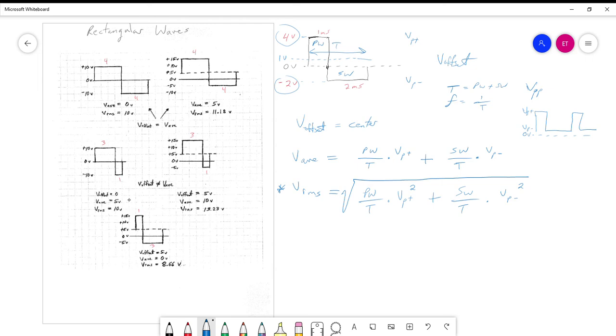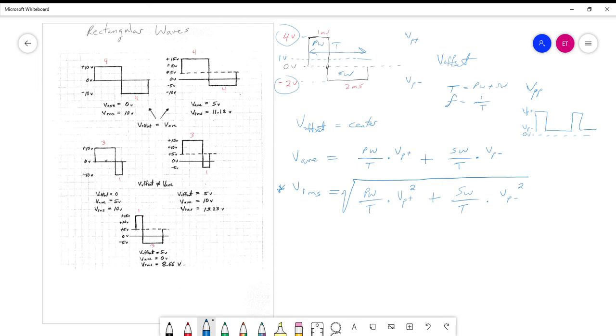So your offset in this one is 0. It's centered on 0. My average voltage, interesting, right? It's not 0, because 3/4 of the time it's at 10, and 1/4 of the time it's at negative 10.